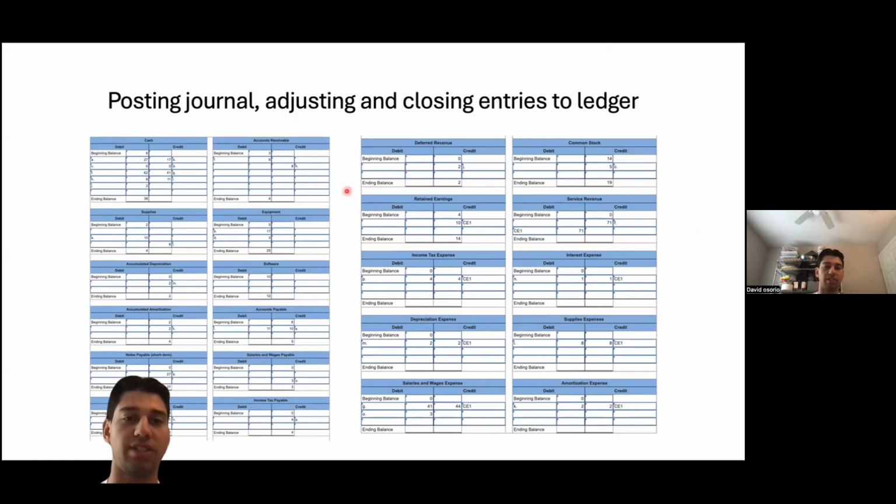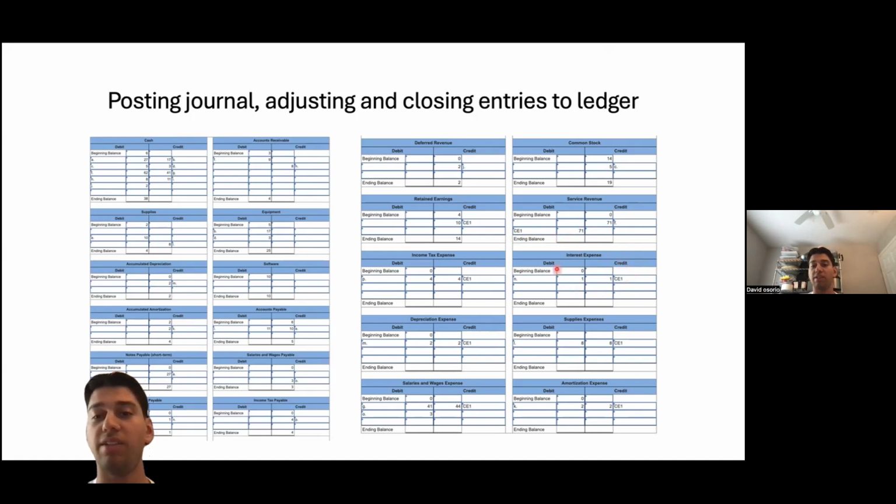Then after that, we post the journal, adjusting and closing entries to the ledger. For example, right here we have our closing entries. Starting with service revenue, we see that we posted the credit balance, since the normal balance is a credit. It was 0, we added 71, and then the closing entry 1, that's what this means. We closed that account by 71, so it's 0. The same thing happens with interest expense and income tax expense.